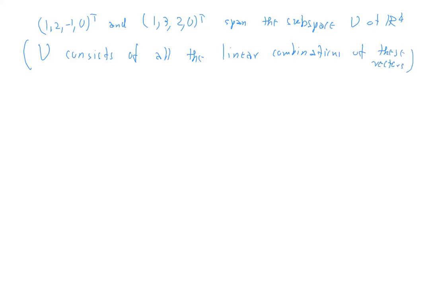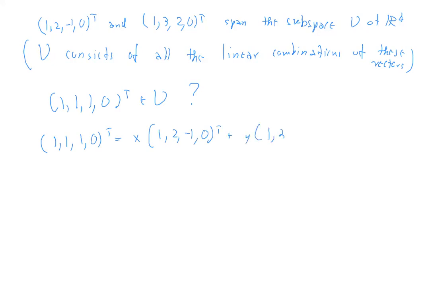I'm asking, is the vector 1, 1, 1, 0 in U? Meaning, can you write the vector 1, 1, 1, 0 as a linear combination of the first vector and the second vector? Can you solve this system? Give it a try. This is a description of the 3 problems that form your homework for Friday.